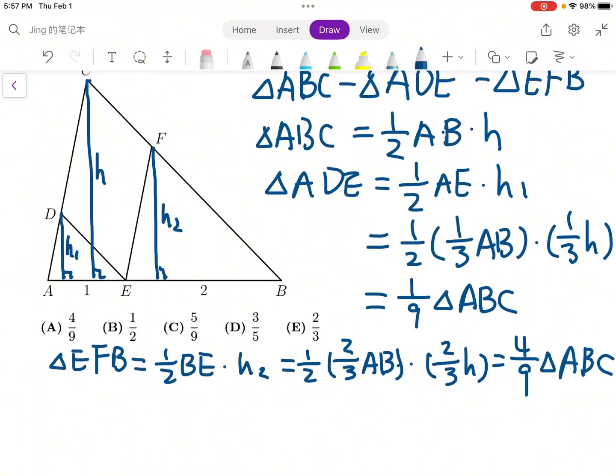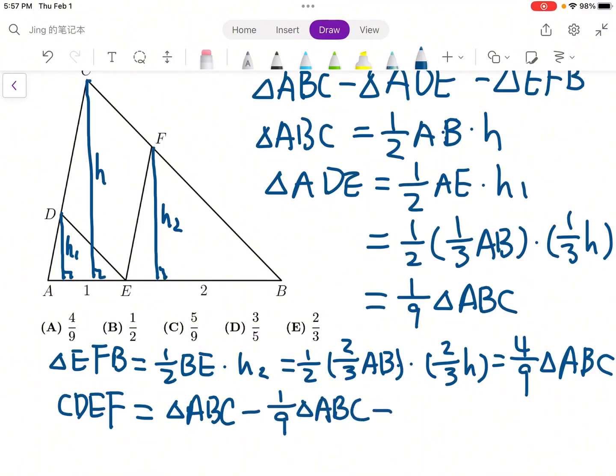Therefore, the area of CDEF equals triangle ABC subtract ADE, which is 1/9 of ABC, and subtract EFB, which is 4/9 of ABC. So that equals 4/9, the area of triangle ABC. So the answer is A.